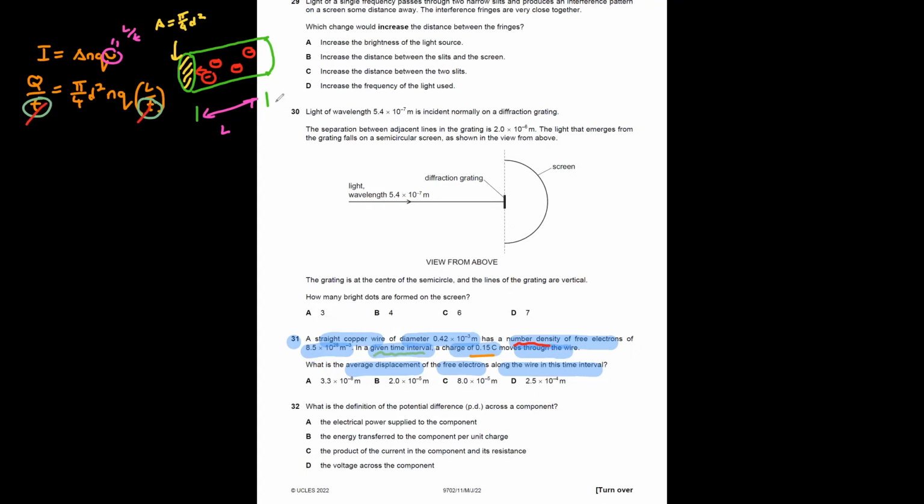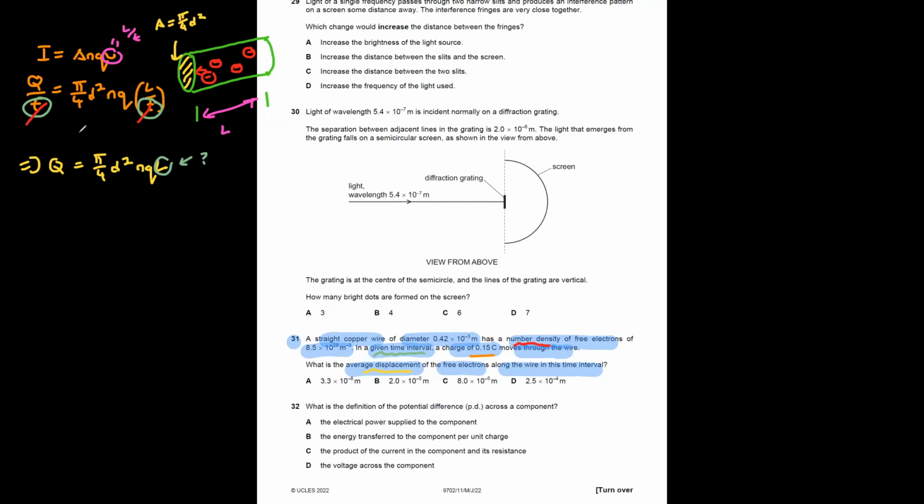So our equation eventually simplifies to Q equals pi over 4 d squared nLe. The displacement that they're talking about here is actually this L. This is what they want to find.